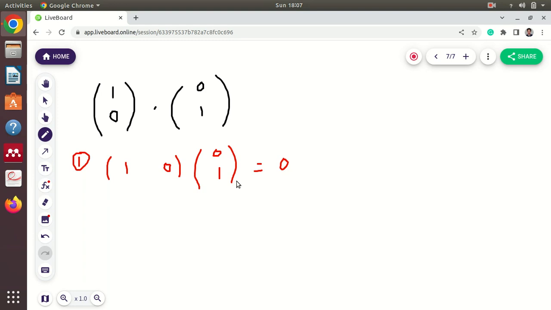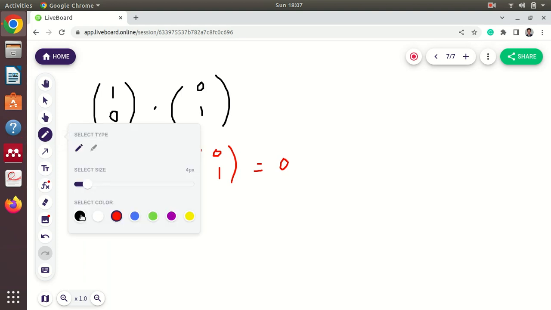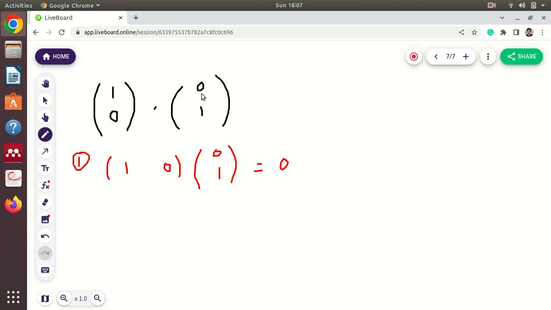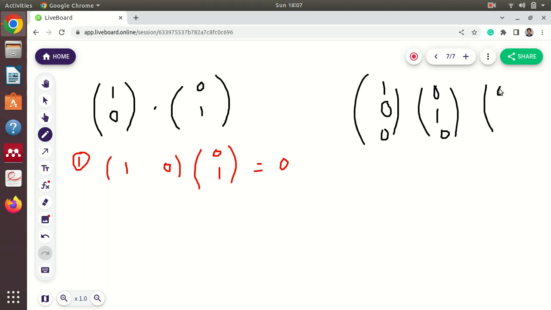Now you can also check the same in 3 dimensions. This is i cap in 2 dimensions. If I have to write i cap in 3 dimensions, I should write it as 1 0 0. j cap will be 0 1 0 and k cap will be 0 0 1. Or instead of calling them i cap, j cap, k cap, you can call them E1, E2 and E3.